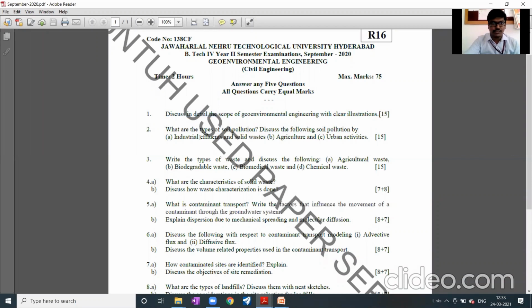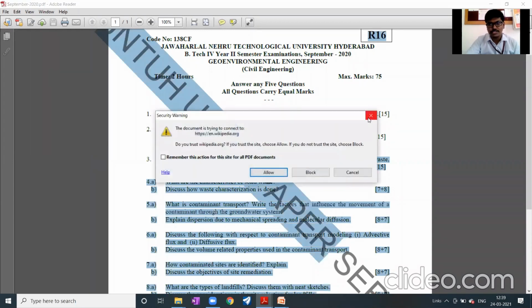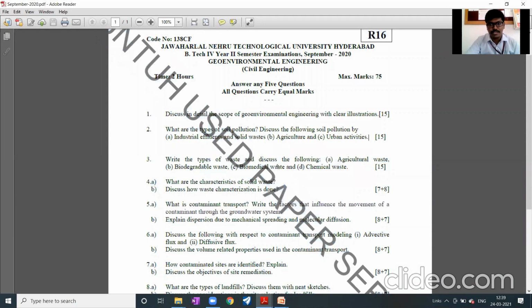He has asked for 15 marks, and in unit 1 itself he also asked the types of soil pollution: industrial effluent and solid waste, agriculture and urban activities. That is different types of waste production, I can say. And the same he has asked again here: write the types of waste and discuss the following: agricultural waste, biodegradable waste, biomedical waste, and chemical waste.